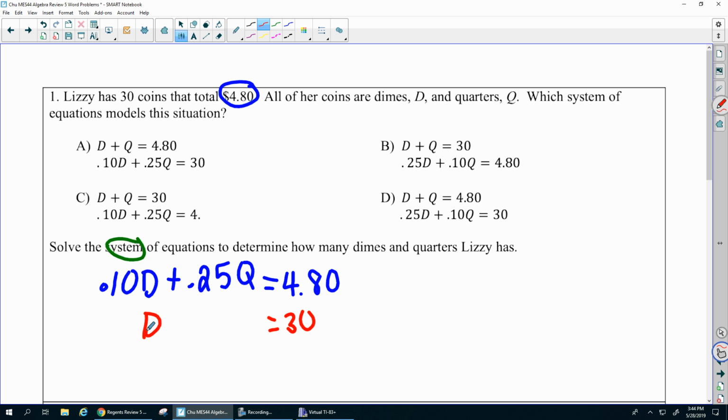And then I also have D plus Q is equal to 30. Oh, I made a typo here. So that's actually answer choice C. You need to fill this in. This is 480. D plus Q is 30, and 0.10 times D plus 0.25 times Q equals $4.80.